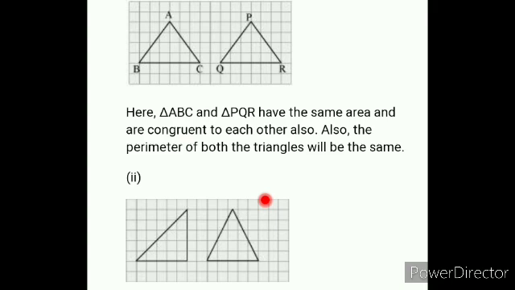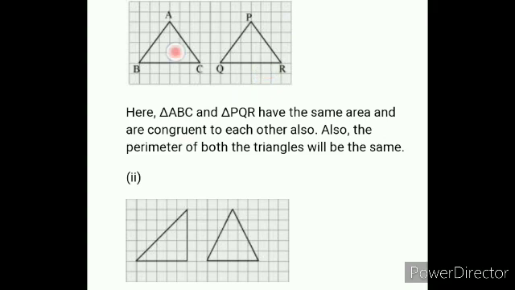Now we have to talk about perimeters. What is perimeter? Sum of all the sides. Look at the first figure. These two triangles are congruent, meaning all the side measures should be equal.